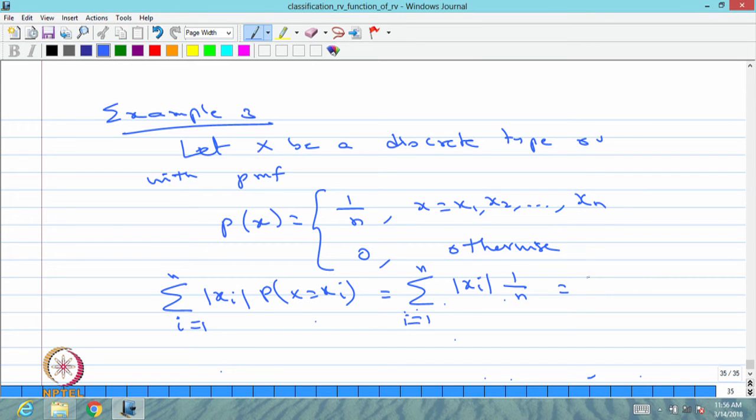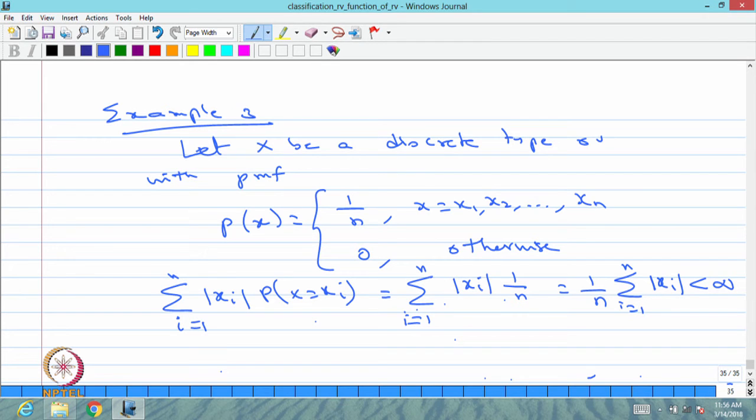This is nothing but 1 divided by n times the summation of absolute xi. Since all the possible values are finite, the summation of the xi's is also going to be a finite quantity.